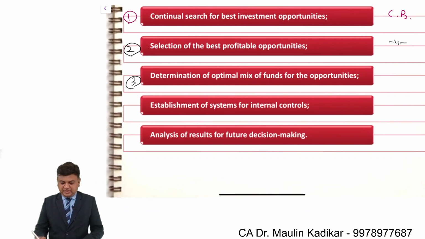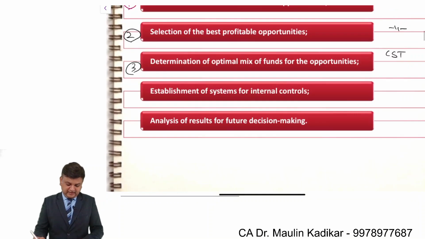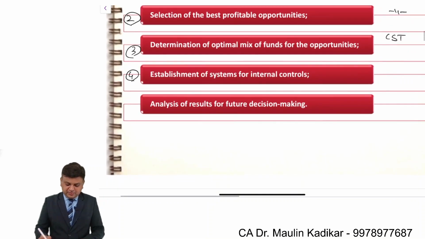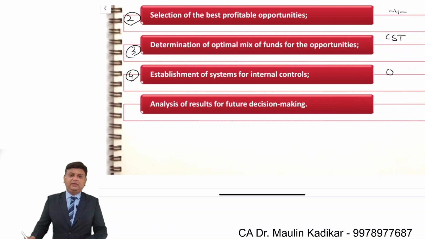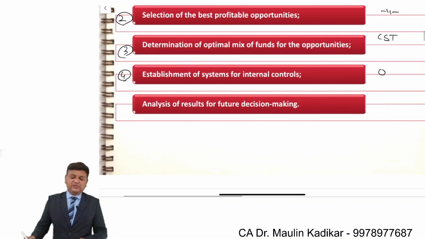Determination of the optimal mix of funds for the opportunities. This is what we have discussed in capital structure theories. Establishment of a system of internal control. This is the operational aspect, just to make sure that there is no fraud and we will be able to implement the things as we have decided.